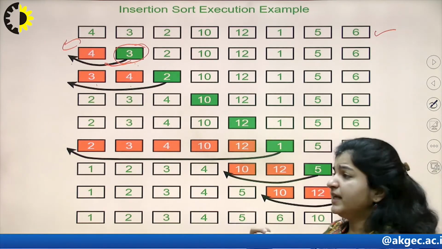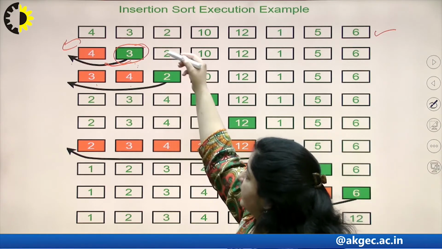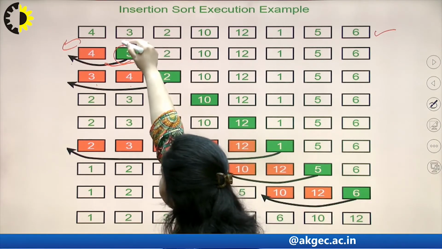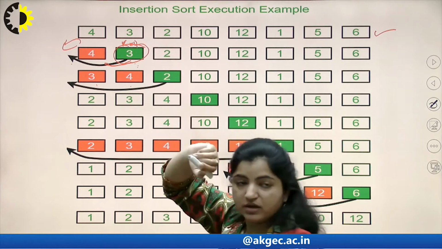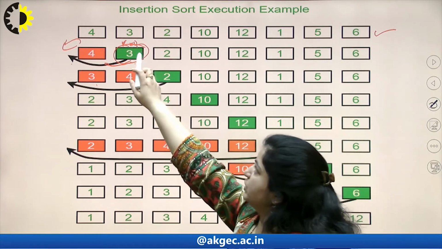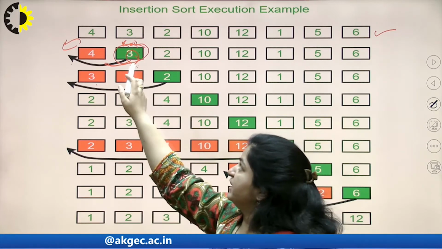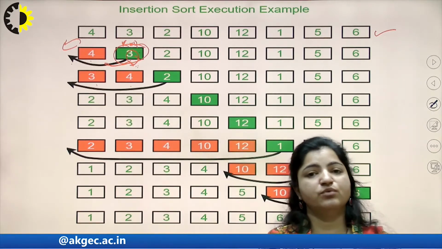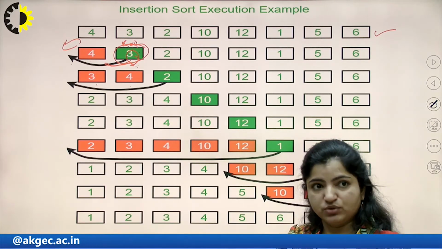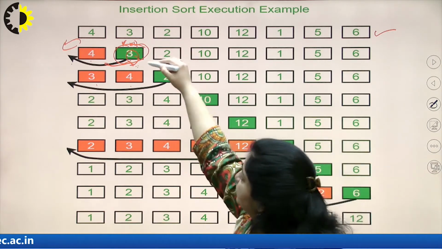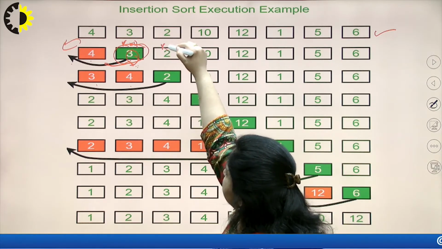Then in the next step we will move one step forward. If I have taken this value inside k and k is equal to 1, this k equal to 1 value, that was the value 3, was compared with its previous value, that is k minus 1. When we proceed with the next step, here k is equal to 2.